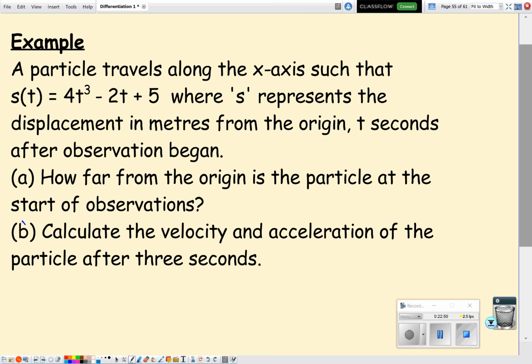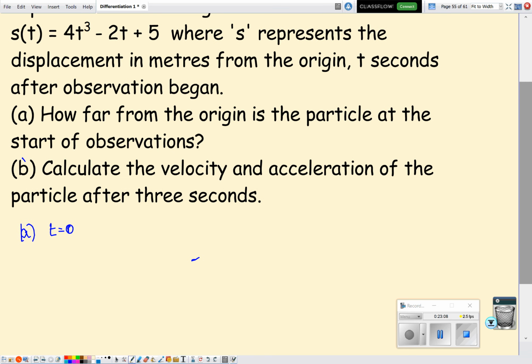So for part A, well, we have to think about this at the start, and at the start t is equal to 0. So t equal to 0 is what we're going to work with in terms of calculating a displacement. Okay, so s of t, well, that's going to be, instead of t, it's going to be 0, so s of 0.